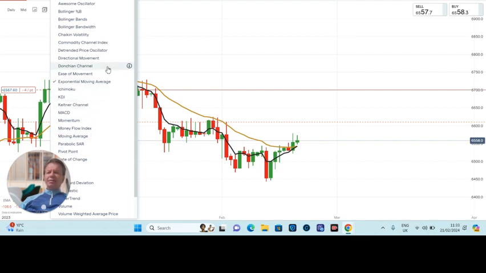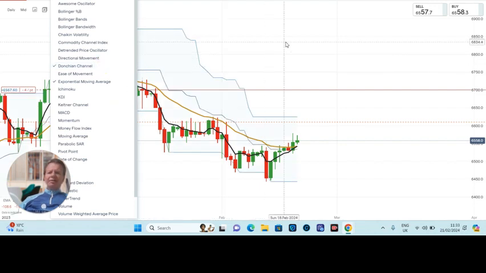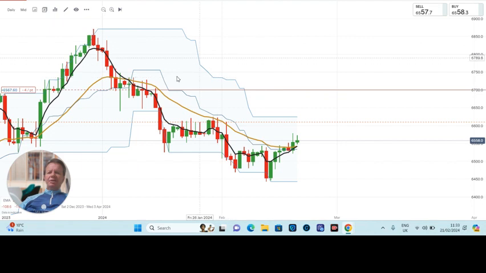There's various different ones. You can choose RSI, ease of movement. So here we've got the Donchian channel, which literally shows you the highs and lows over a set period of time. So you can see it's moving within that channel.